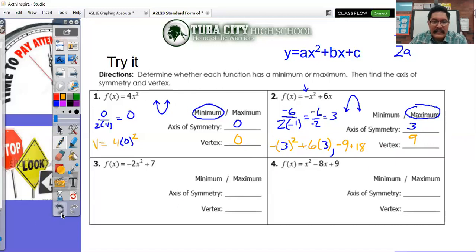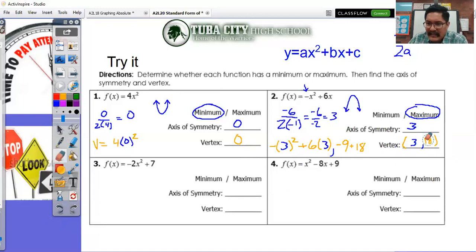Now, to get the vertex in this case, I also should have written it as an ordered pair. Every ordered pair has an x value and a y value. In this case, the x value is taken straight from your axis of symmetry, so this 3 is the same 3 we got here.